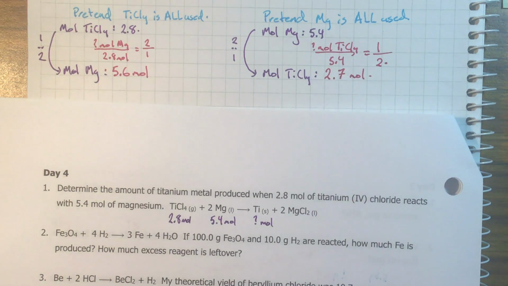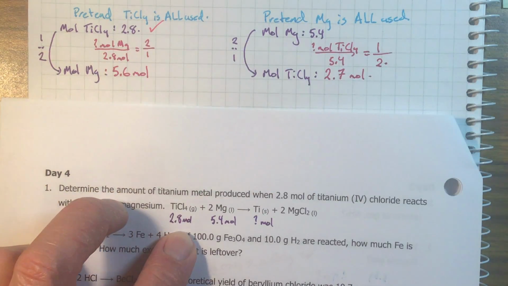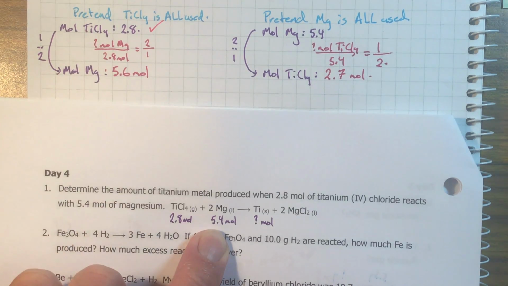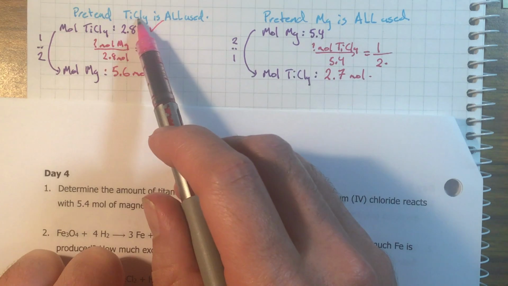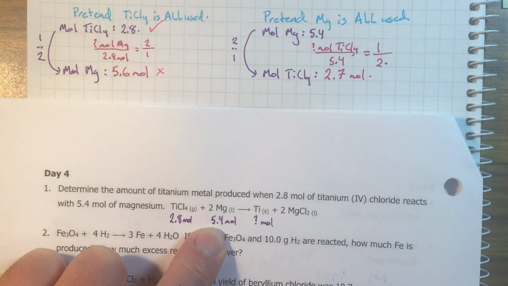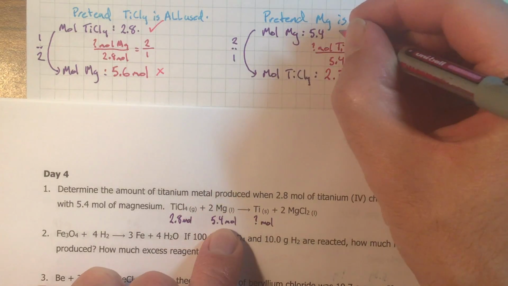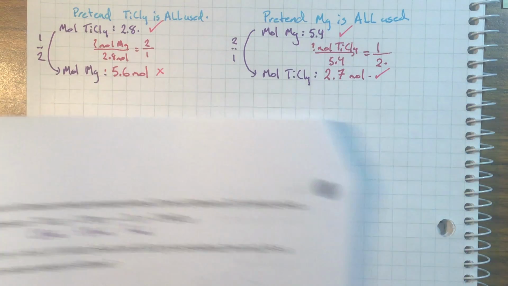Okay, so let's check. So I've got 2.8 moles of that. Do I have 5.6 moles of this? No, I don't. So TiCl4 is not our limiting reagent. It is in excess. Because I have 5.4 moles of Mg, and I have 2.7 moles of that. Good, so Mg is limiting.